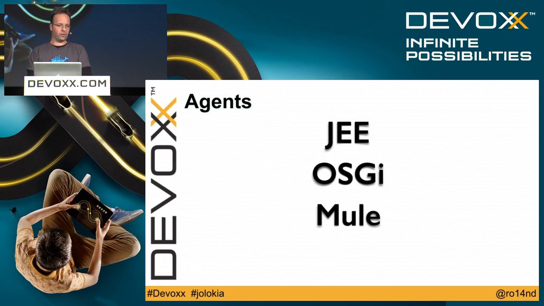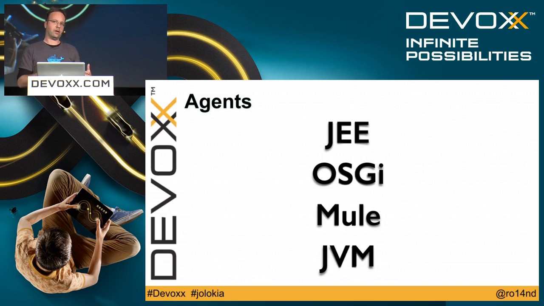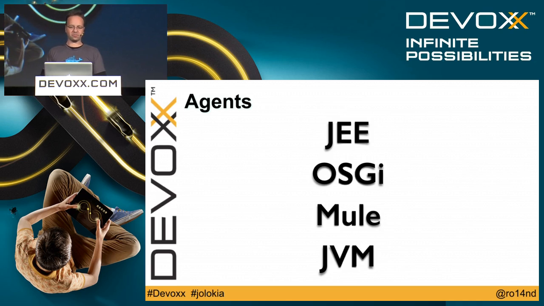There's a special agent for Mule, which has its own management API which can be used there. And then there's a Swiss Army knife agent, I call it. It's a JVM agent which you can use directly as a Java agent with every Java process. It uses the Java Attach API, and we will see a demo soon about this one.